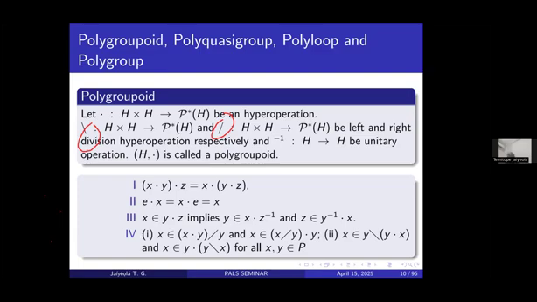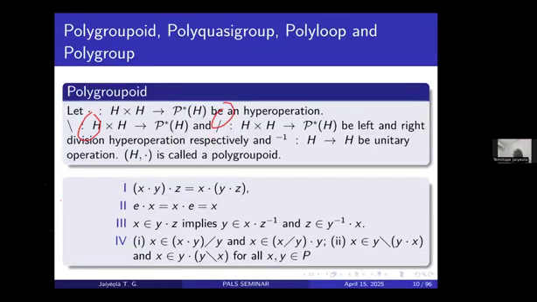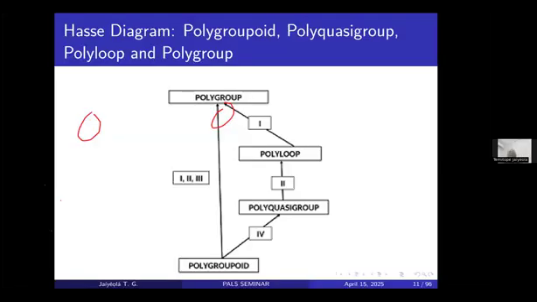So you call H under dot a polygroupoid, and whenever a polygroupoid possesses the following axioms, Roman numerals 1, 2, 3, and 4, you have some new hyperalgebraic structures.